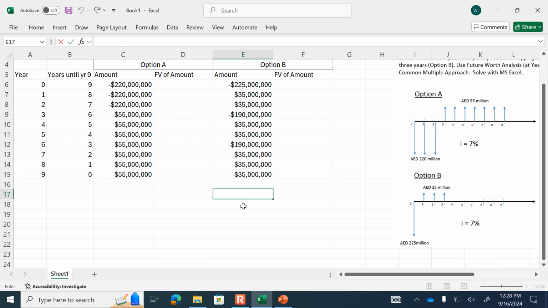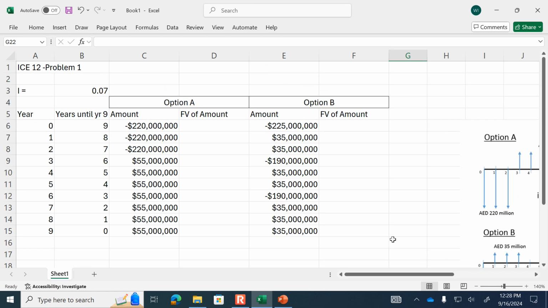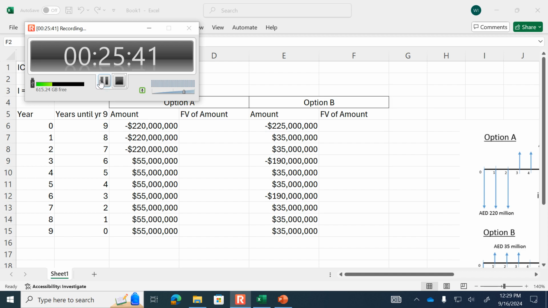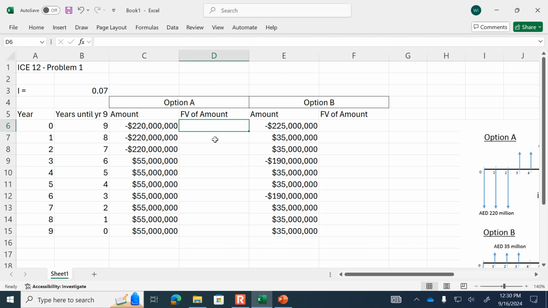So this is what our cash flow sequence should look like for option B. Okay, so let's just keep in mind how we do the FV.